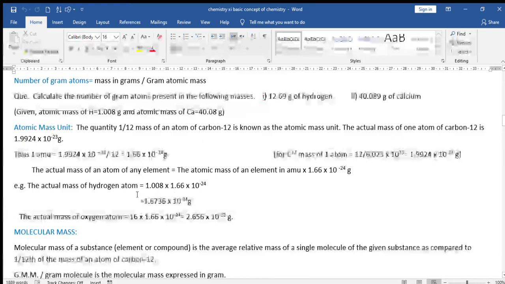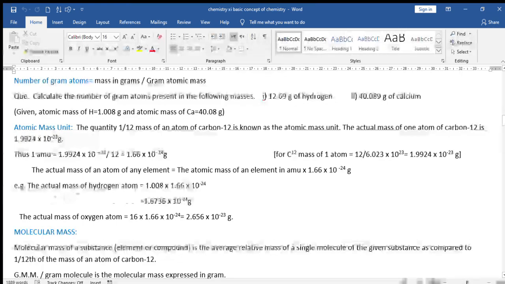Then we convert the mass of an element given in atomic mass units into gram. And this is the actual mass of one atom.